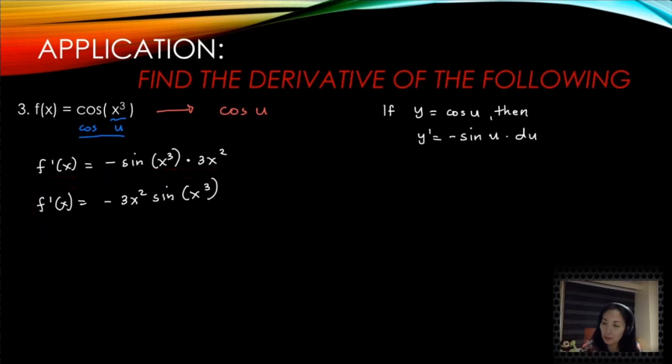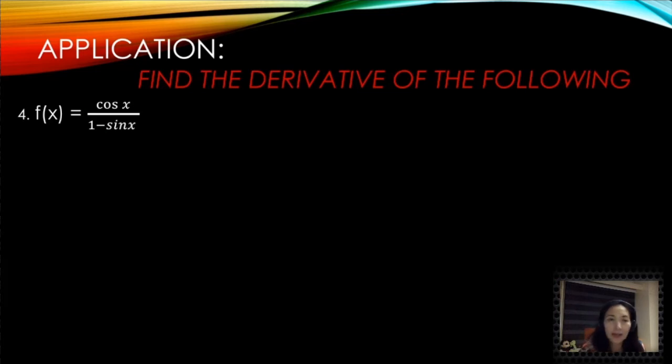Moving on to number 4. Okay, this time, looking at number 4. f of x is equal to cosine x over 1 minus sine x.